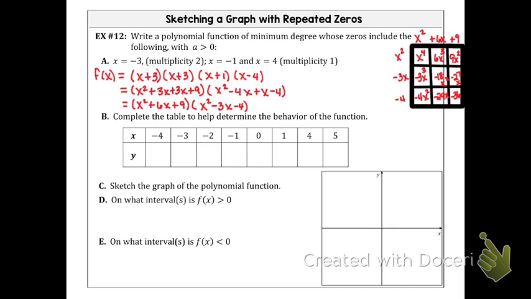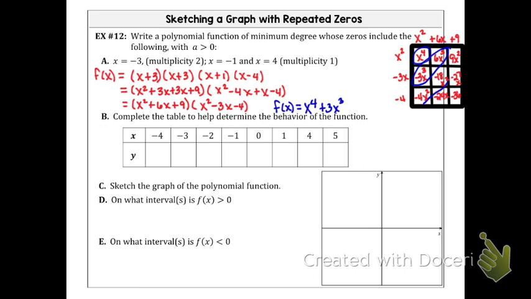Alright, and so we end up with, let's see, I'm going to change colors here just to help us be able to see it a little better. So we get f of x equals x to the 4th. Negative 3x cubed plus 6x cubed is positive 3x cubed.